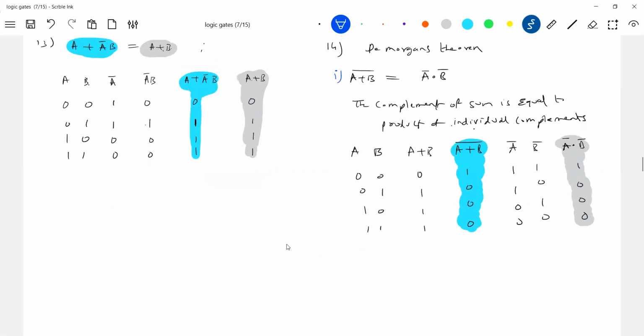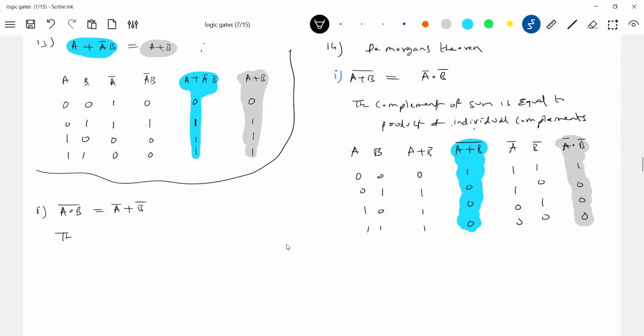Similarly, the complement of a product is equal to the sum of individual complements.